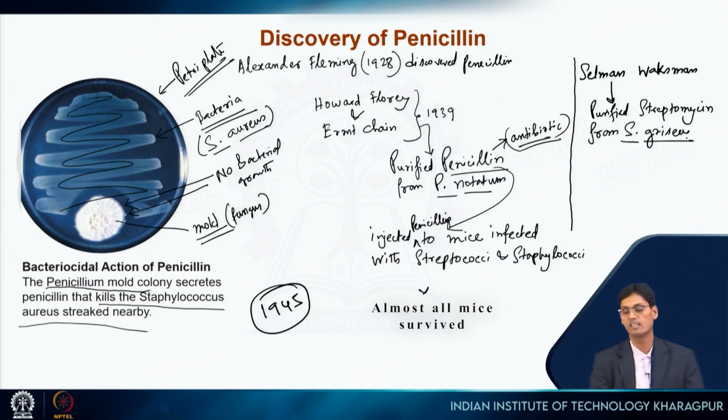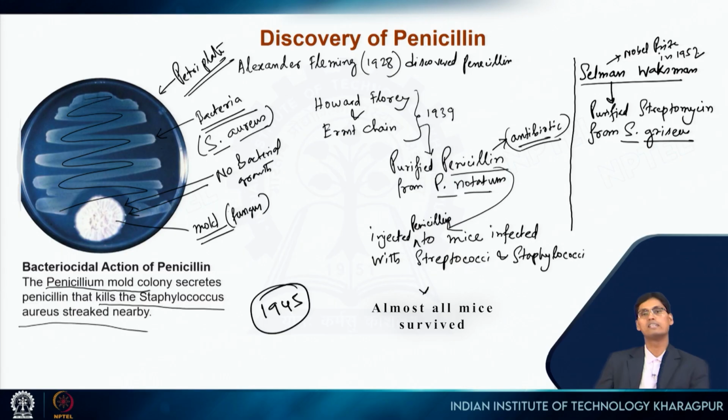He also received the Nobel Prize because of this work, in 1952. So as you can understand, this is a really important discovery for human society. Streptomycin also acts against different groups of bacteria. This was just the starting point, and it continued, and finally there are many other antibiotics like chloramphenicol and neomycin, all isolated from different types of microorganisms.